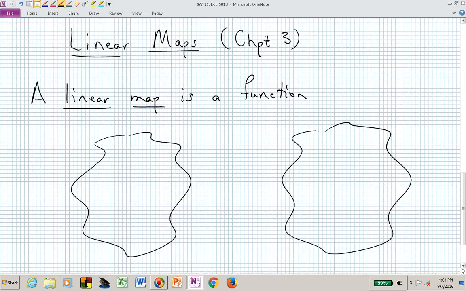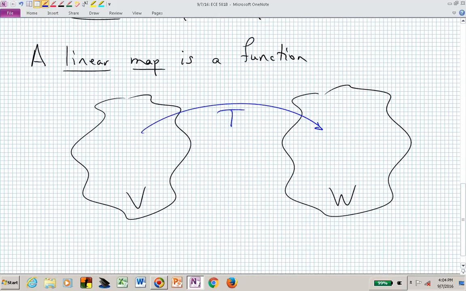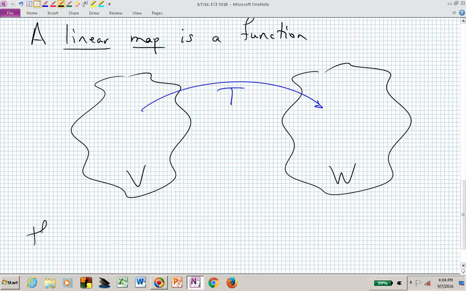We have an input vector space V and an output vector space W. That's what those clouds represent. Now we are interested in the linear map T that maps between the input vector space V and the output vector space W.